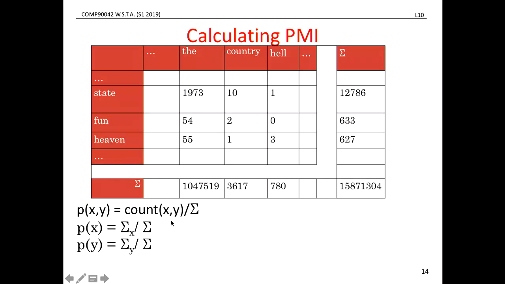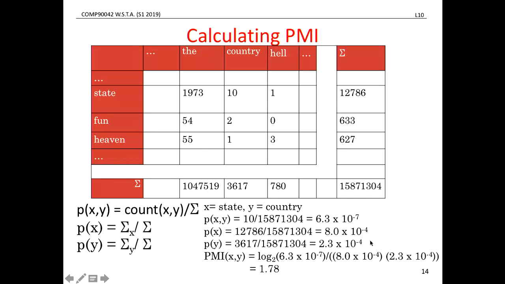Then we normalize each of these counts in each of these cells by this total count of the number of events. That way we end up getting the probability of the things co-occurring versus the probability of them occurring independently.